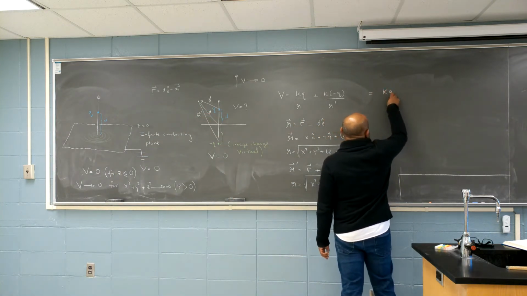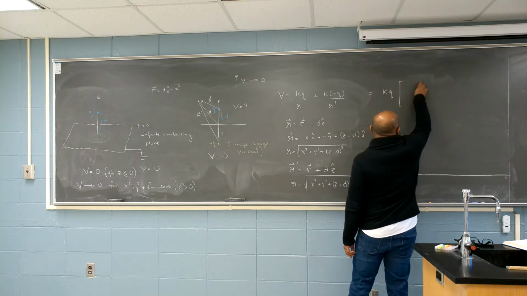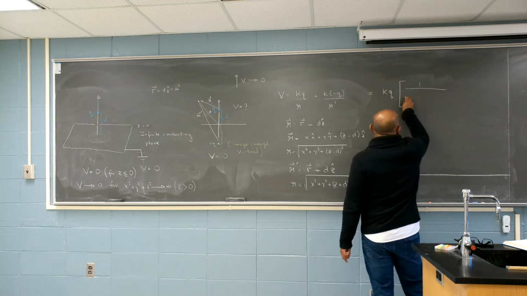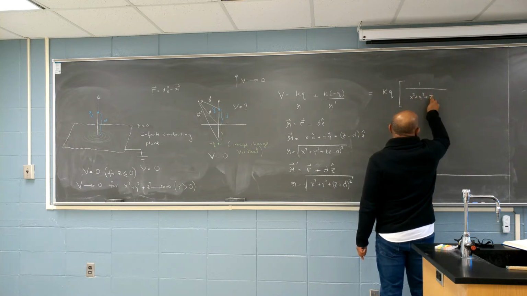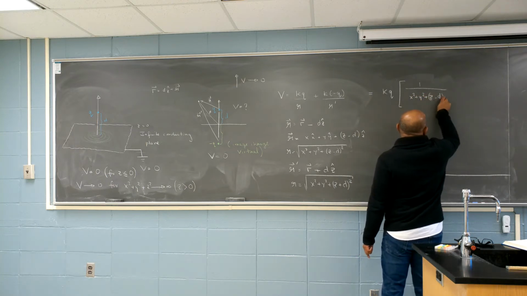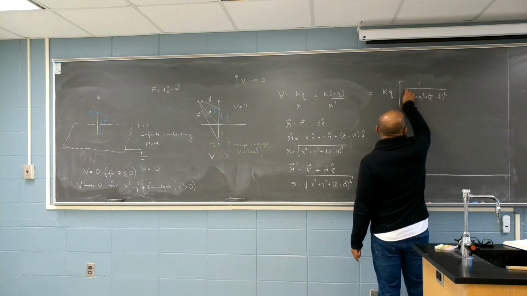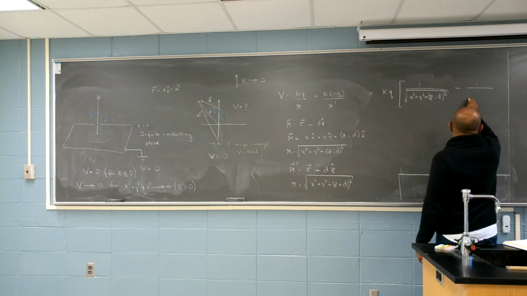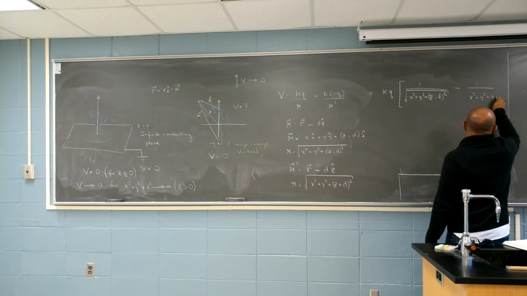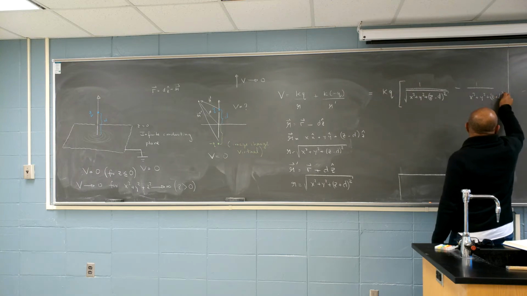Potential is kq times 1 over square root of x squared plus y squared plus z minus d squared, minus 1 over square root of x squared plus y squared plus z plus d squared.